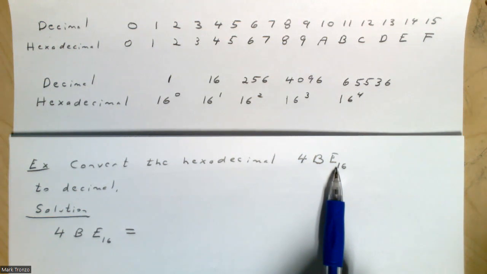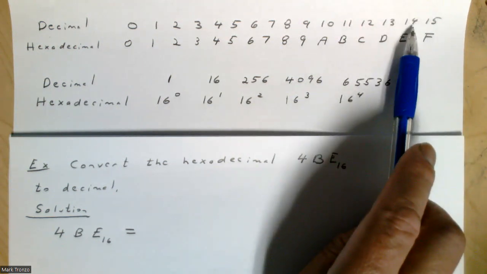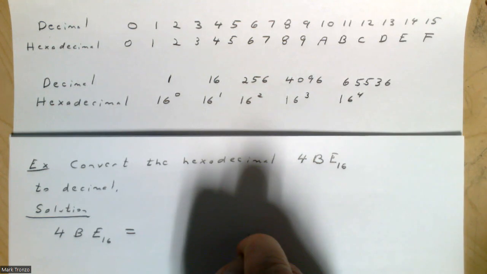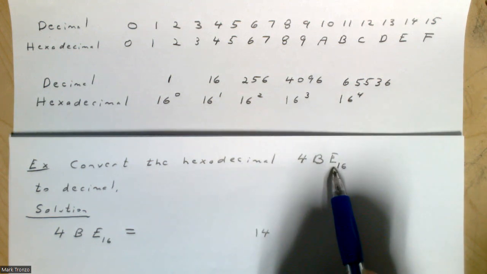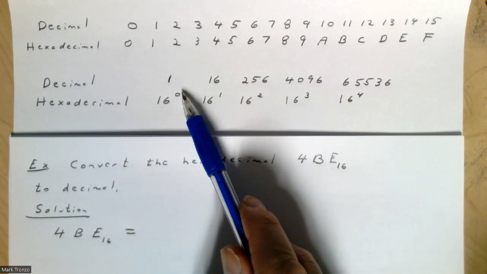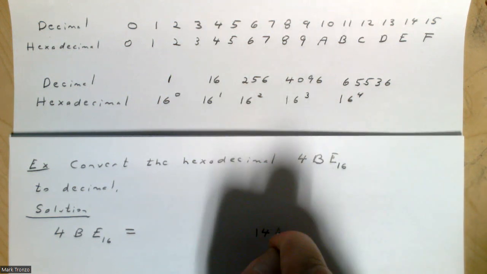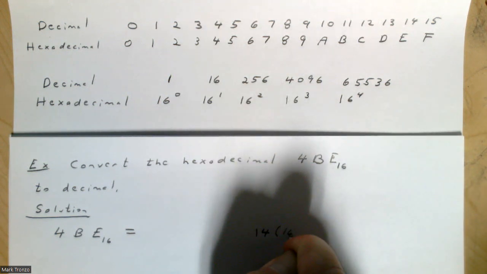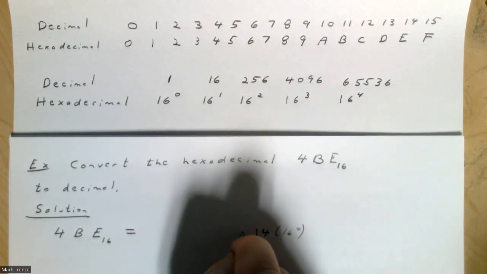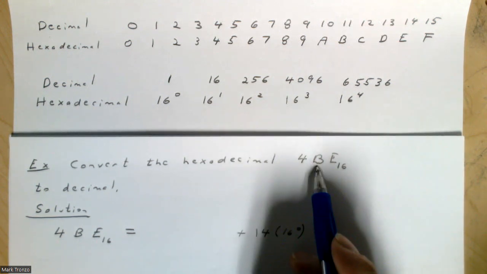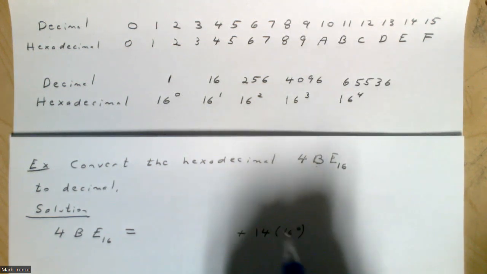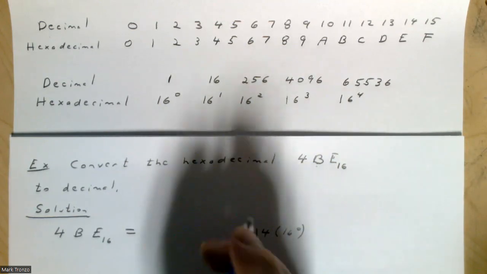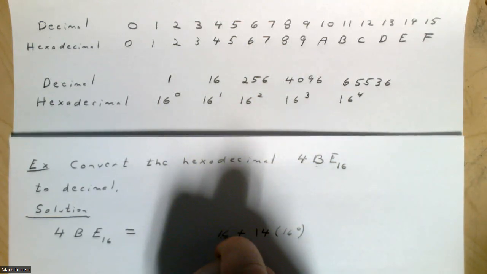So this is saying E, and E corresponds to 14. And so that's going to be 14, and since this is in the first place, that's going to be 16 to the 0 power. Then the next one is B. That corresponds to 11, and that's in the next position, which is 16 to the first power.